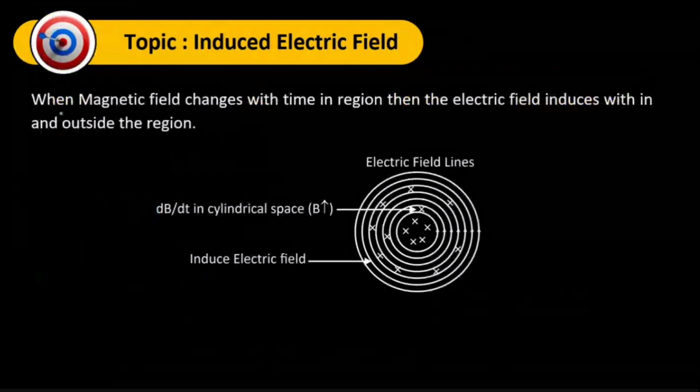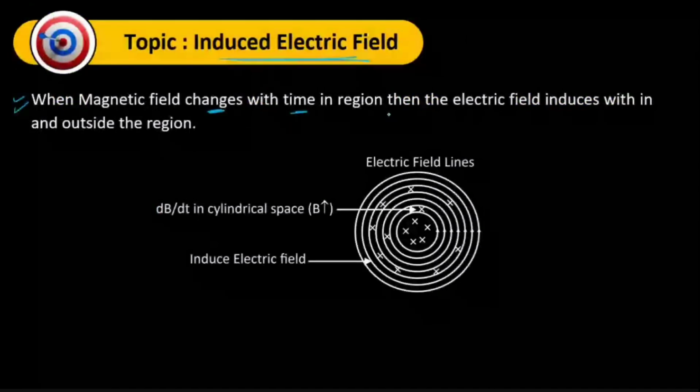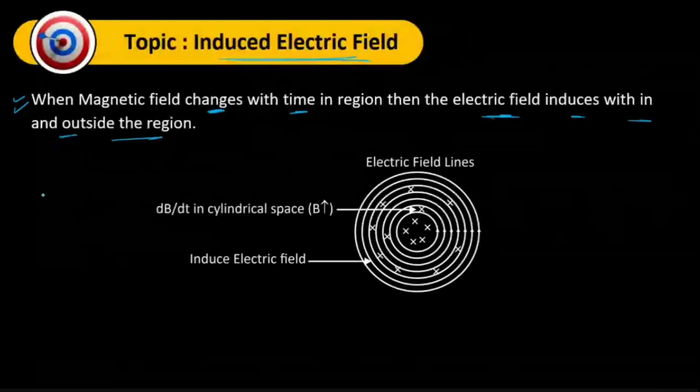So when magnetic field changes with time in a region, then the electric field is induced within and outside the region. How can you say that? Just try to understand it. If we are able to change magnetic flux, we are able to produce EMF. We are able to produce current.